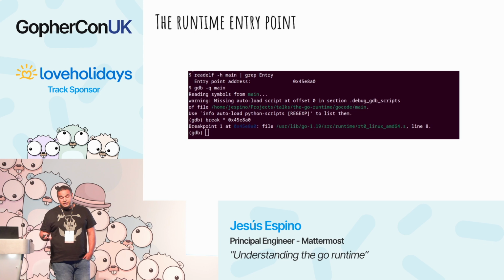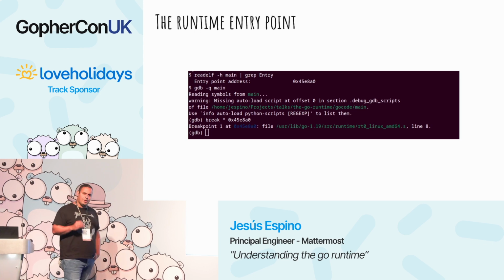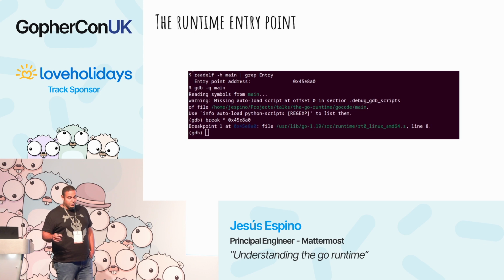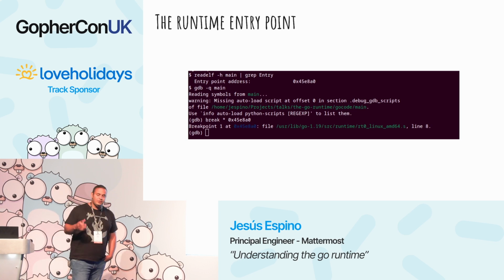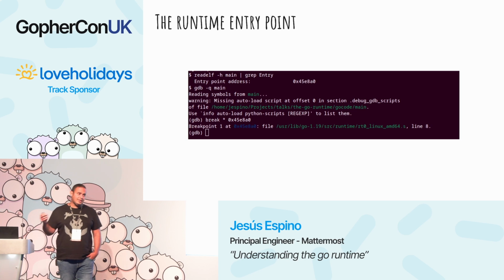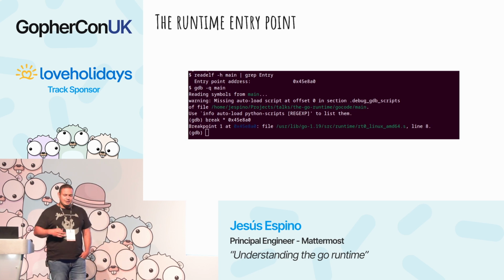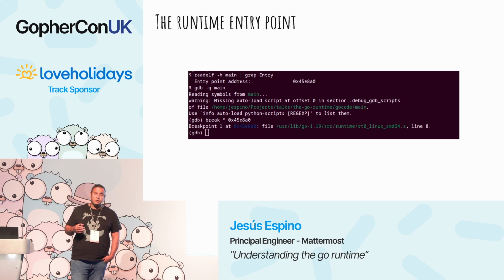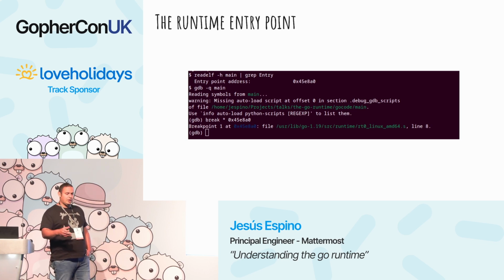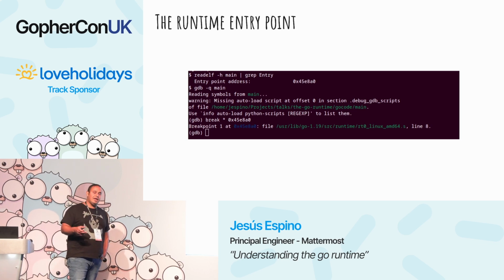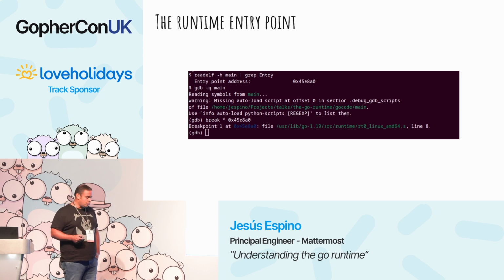If you use GDB on that entry point, you are going to see that the entry point of your binary is not your main function for sure, it is rt0_linux_amd64.s. Well, that's the case for my computer, which is Linux and AMD64. It depends on your operating system and your architecture, but in any case, it's going to end up in a file similar to that in assembly code.